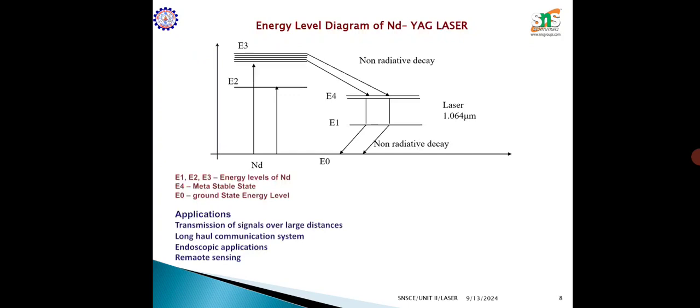So from the transition between E4 to E1 only, we have the laser light of wavelength 1.064 micrometer. The applications of this Nd:YAG laser are transmitting signals over longer distances, and it is used in long haul communication systems, endoscopic applications, and remote sensing. So this is the solid laser, and we'll continue in the next session with the different types of laser.